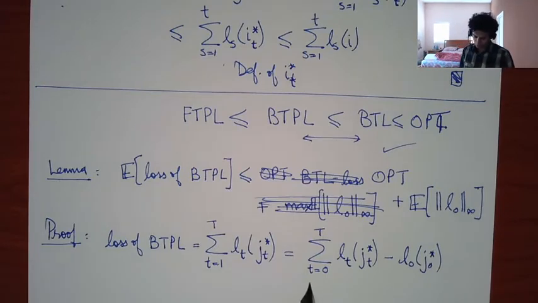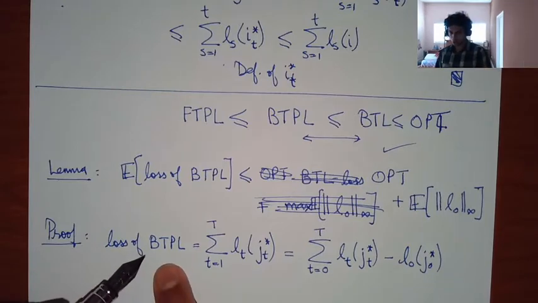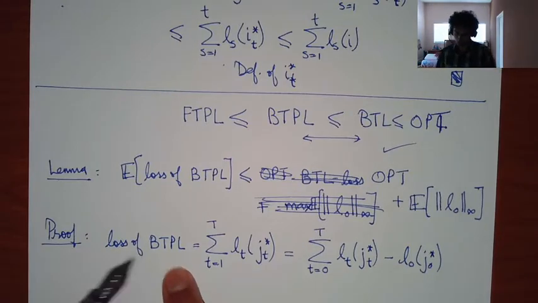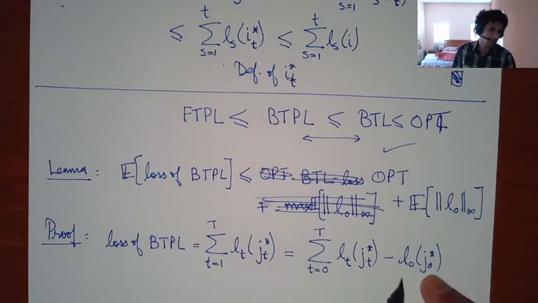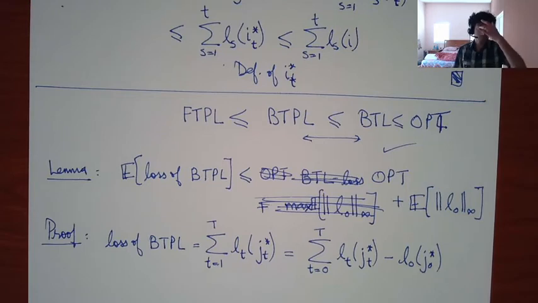So what I've done here is I've simply added in, so when you're looking at the actual loss of be the perturbed leader, the time horizon starts from 1, not from 0. I'm just going to add in the fictitious loss at time 0 and subtract it out.